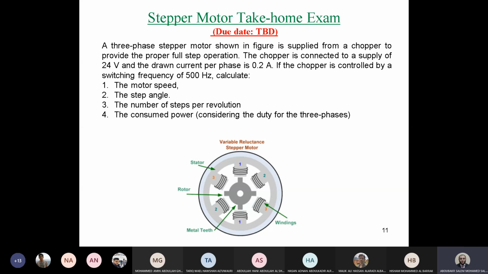According to our understanding now, guys, this is the last take-home exam instead of a quiz. It will also be for the stepper motor. You already have a take-home exam, which will be available today, inshallah, after our class, up until the end of today. This is regarding the universal motor, and inshallah we will make another quiz for the stepper motor as a take-home exam as well.